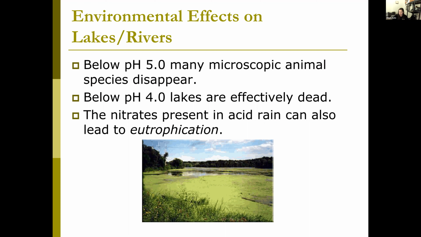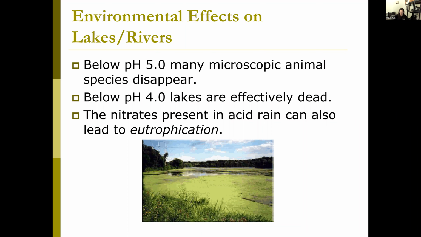This actually is kind of food for algae. So what can happen is, although a lot of these other animals are dying, certain types of algae-like plants can actually thrive in this environment. And you would think, well, okay, if we have a lot more plants, that would be good for the ecosystem, right?